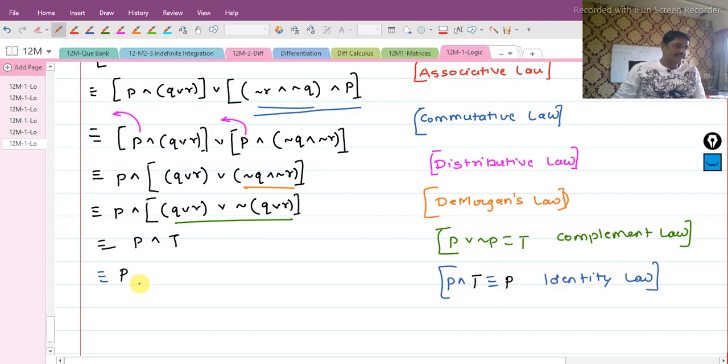So this is basically made up of only one switch. Alternative. This is the simplified logical form.